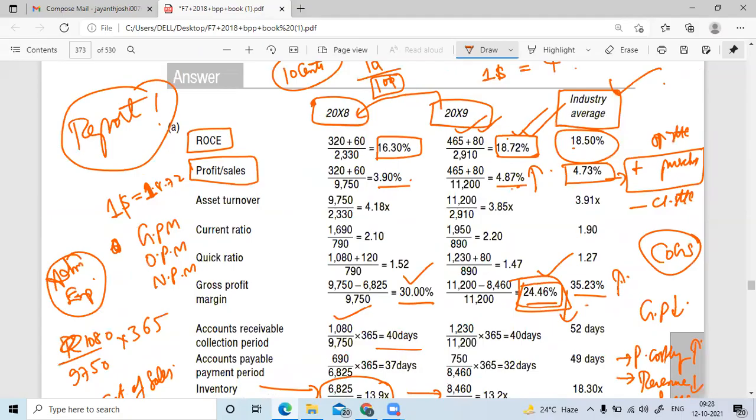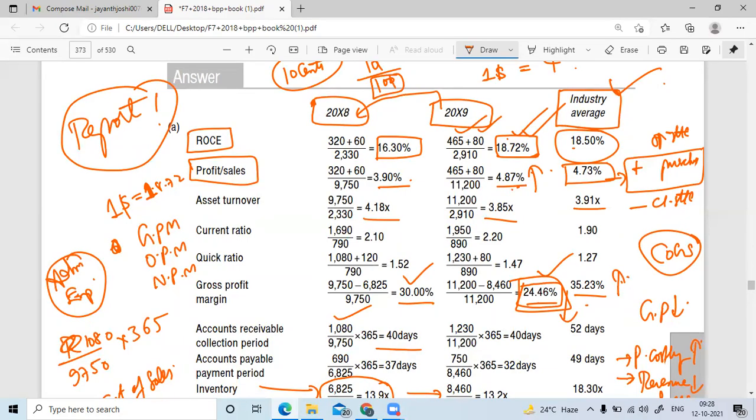So next point, asset turnover. Asset turnover has decreased this year. What do you mean by the decrease in asset turnover? What does it mean? Maybe no new assets and the depreciation will continue.